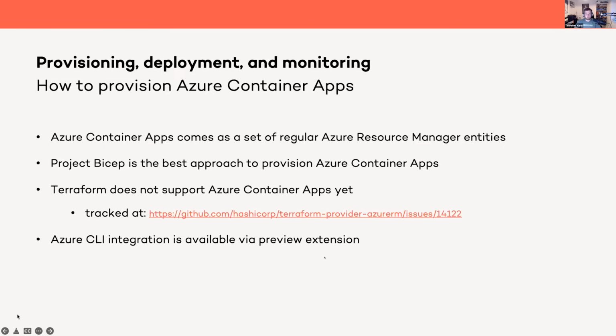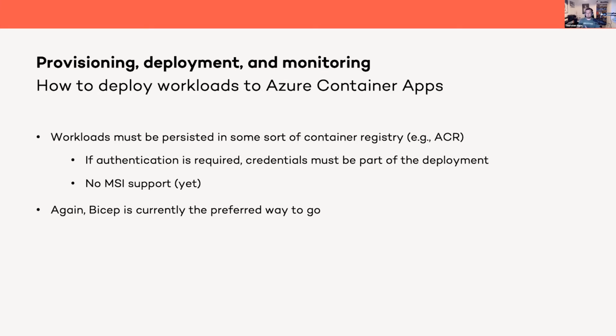But the interesting thing is, okay, so we can take Bicep to provision this service, right? To provision Azure Container App environments and the container apps, but we can also use it to provision the actual workload, right? So to provision the container.